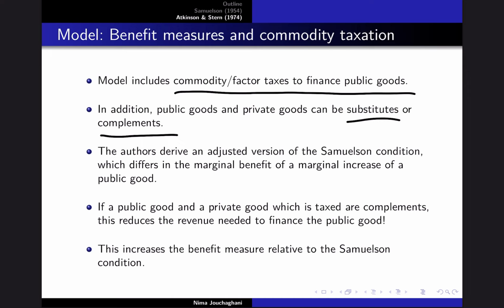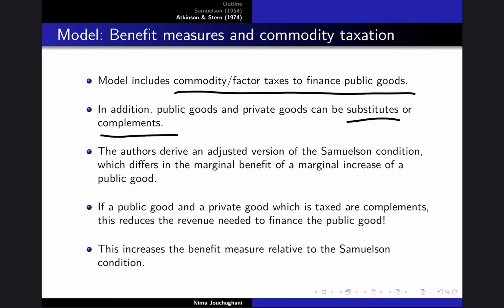And what could be a substitute? If you consider television channels, you have private channels, as for instance in Germany, you have RTL, ProSieben, and all of those channels. And a public good could be the öffentlich-rechtliche channels, so the ARD and ZDF.